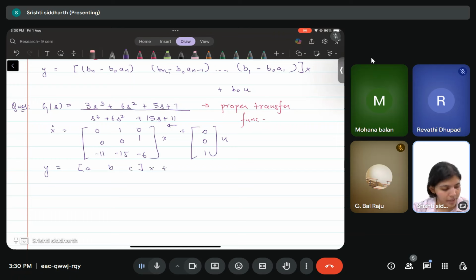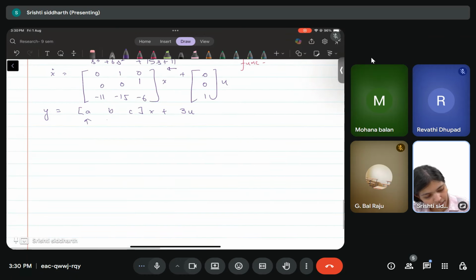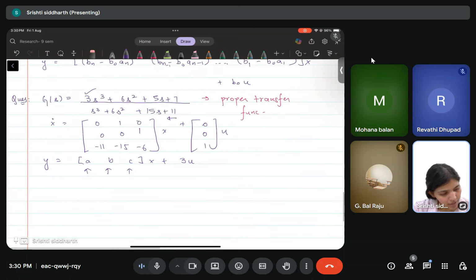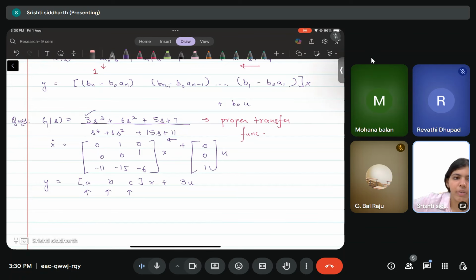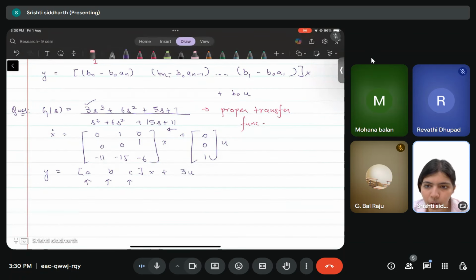Thus we're going to have b0 u, so it's going to be 3 times u. So we have to determine the values of a, b, and c. We have already looked at the expression, so I'll wait for a few minutes and you can calculate this. If you calculate any of these values, you can just unmute yourself and let me know.